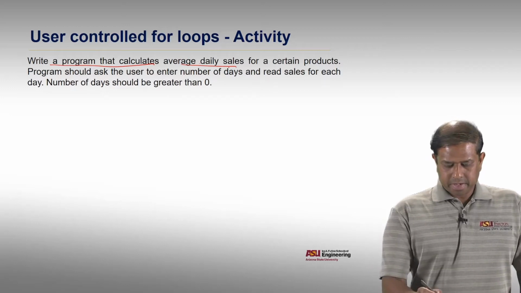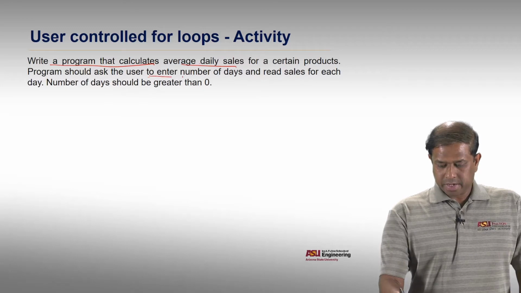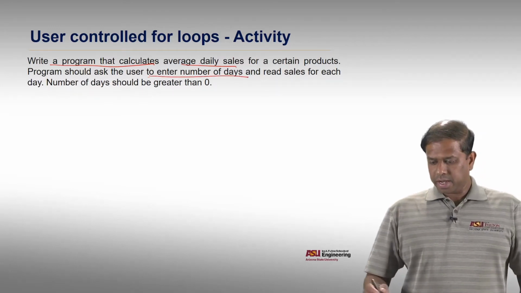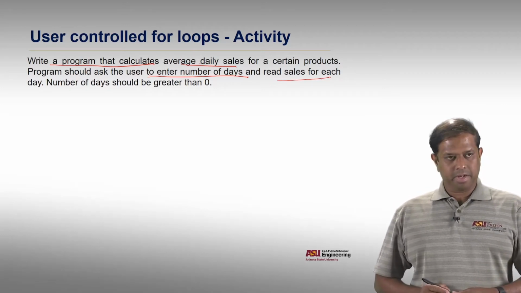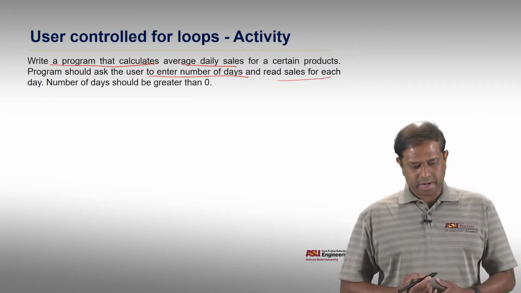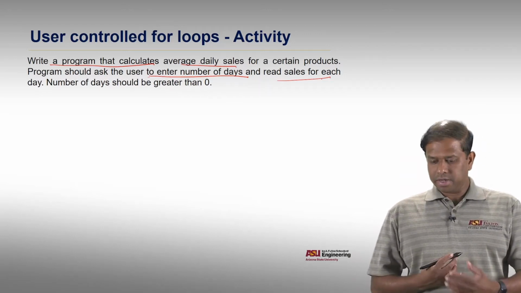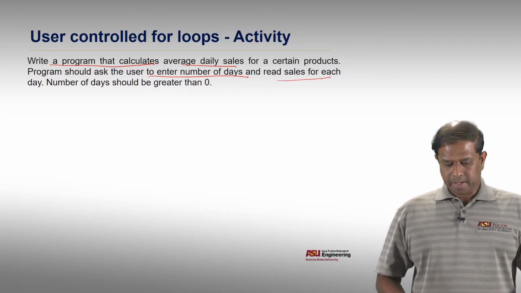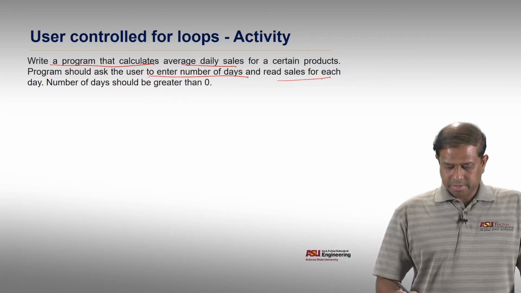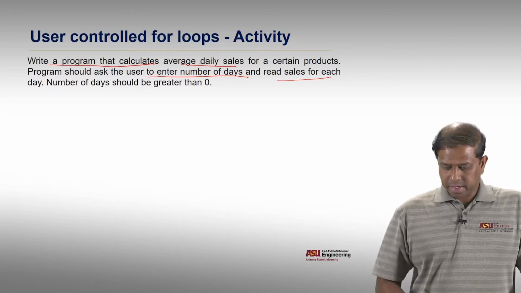In this scenario, we are going to ask the user to enter the number of days and read sales for each day, and then we need to determine the daily average. The number of days does not need to be a fixed value; it is determined by the user input. So we need several different constructs to be placed in.